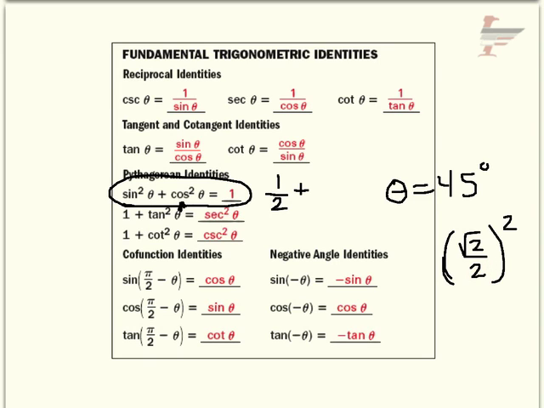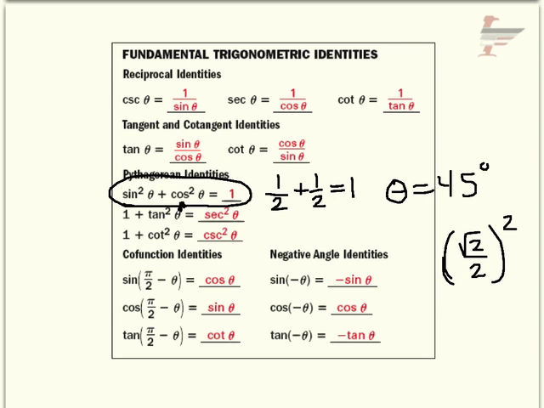So 1/2 plus 1/2, sure enough, equals 1. I want you to understand that while these look crazy hard, they're actually just statements that are true. Stick any theta you want in there, and when you simplify and square things and add them together, you're always going to get 1.